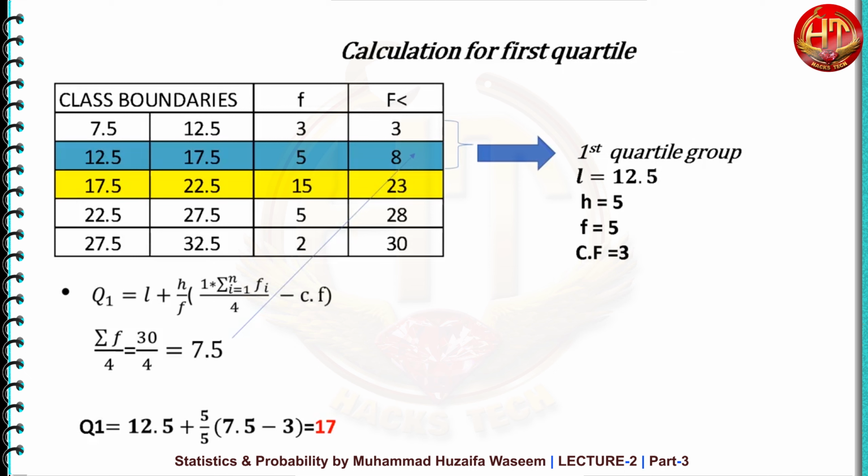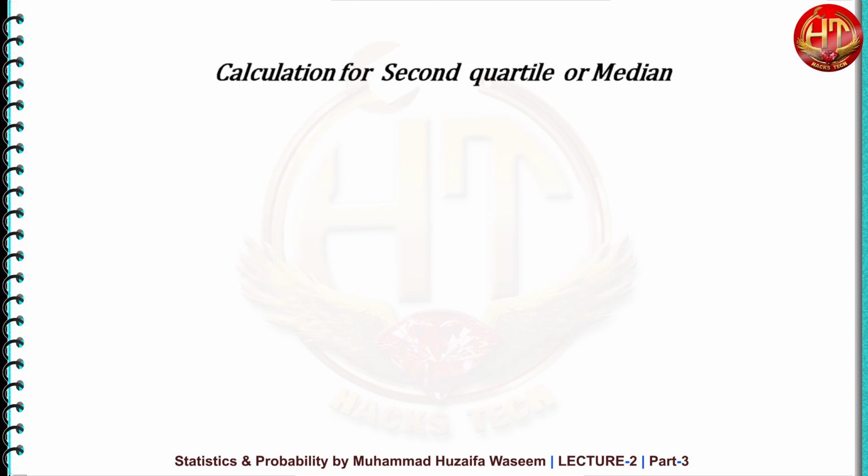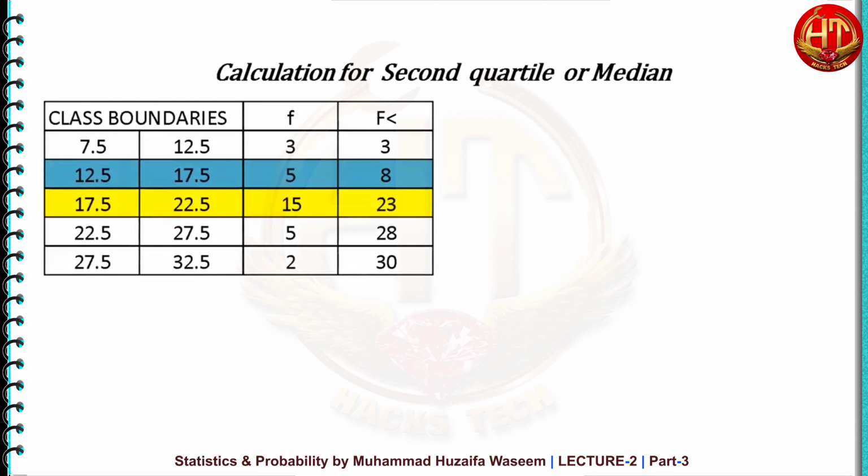So your answer is 17. It means that your first quartile is equal to 17. Calculation for the second quartile, also called the median. Same procedure. First you have to make a column for cumulative frequency, less than type.